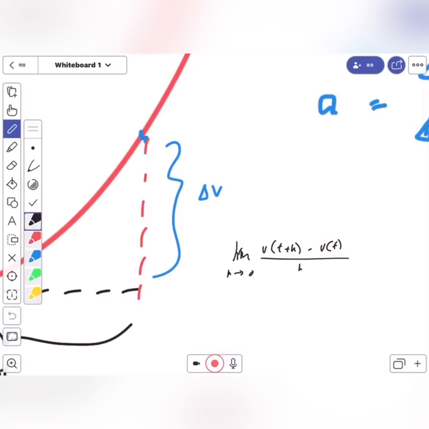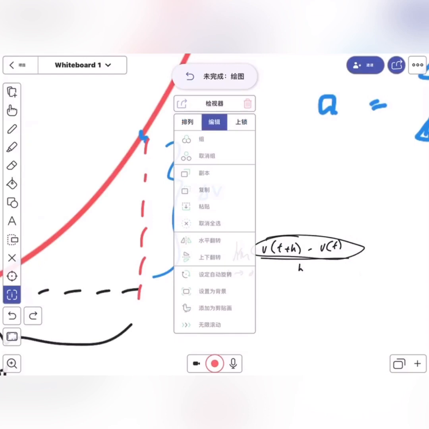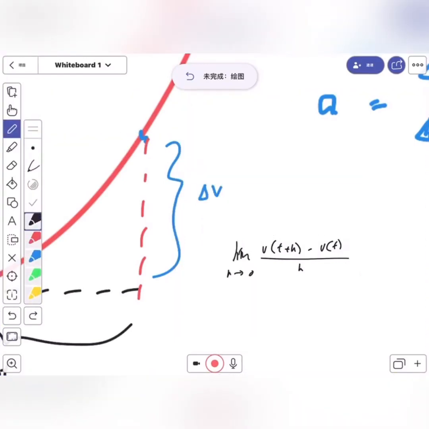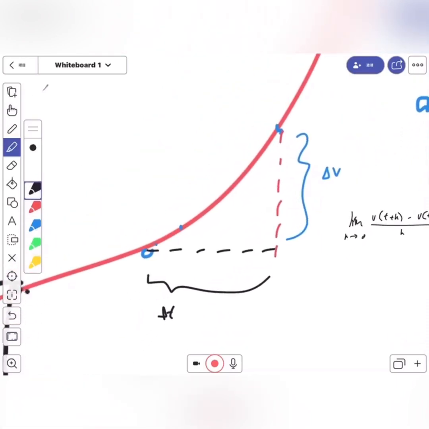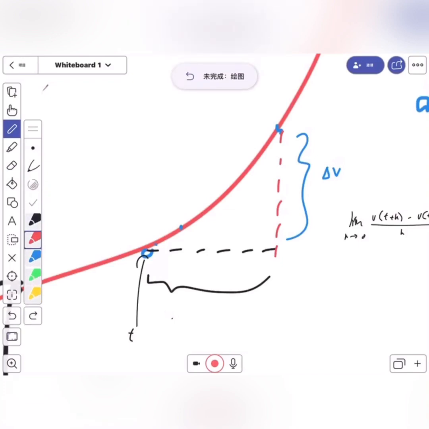You might ask, when h is 0, isn't this undefined? But actually we can cancel out the h from the top. To interpret this, if this is t, then this would not be delta t but h in the context of our limit. So this point is v of t plus h.